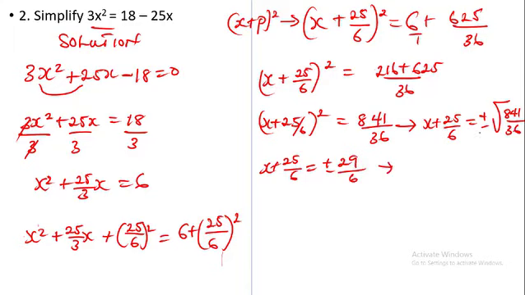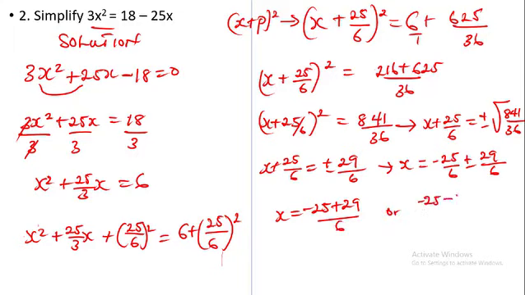So making x the subject of the formula, we have x equal to −25/6 plus or minus 29/6. Therefore, our x is equal to (−25 + 29)/6, or (−25 − 29)/6.